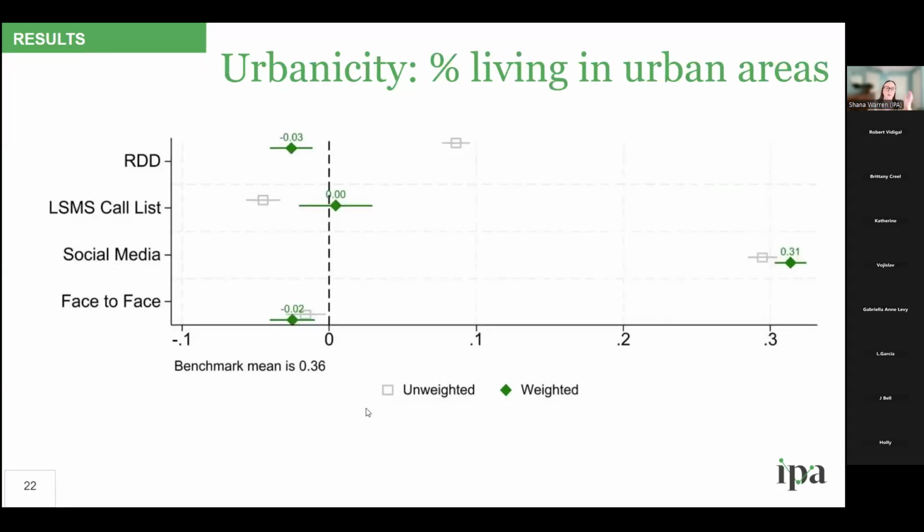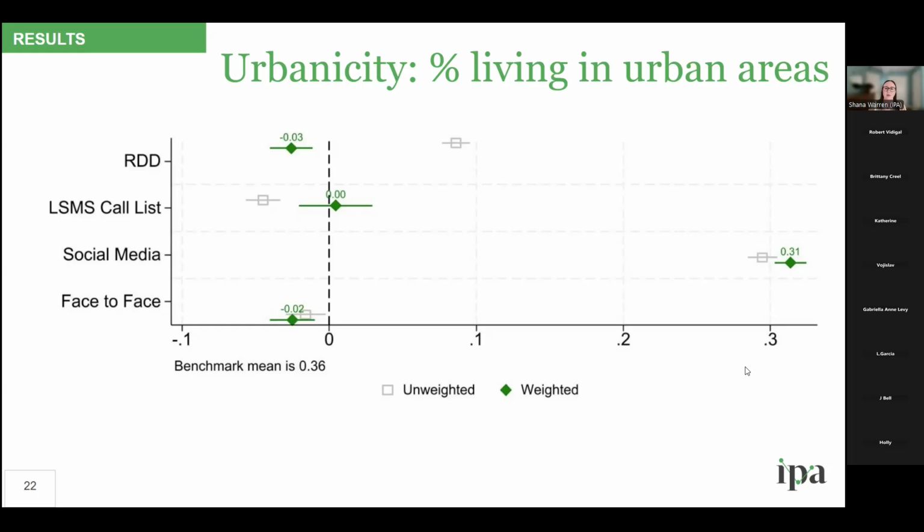Okay. Moving on to urbanicity, our percent living in urban areas. Unsurprisingly, the one that really stands out here is that social media is way, way far out. The benchmark mean is 0.36. We are up at like 0.66. This is a huge overrepresentation of urban areas, but also not very surprising, in the context in which we're looking.